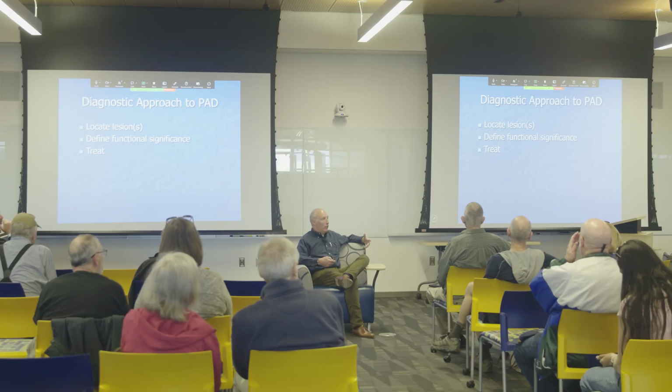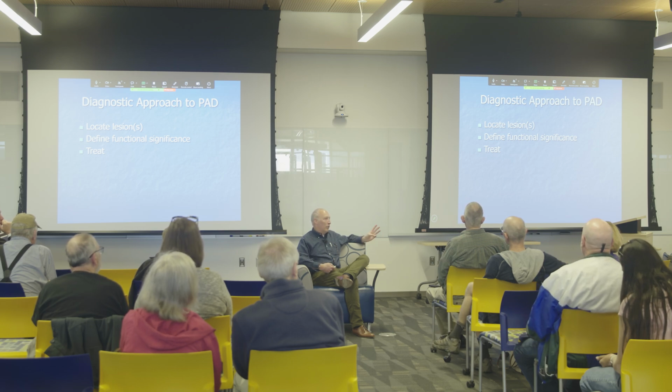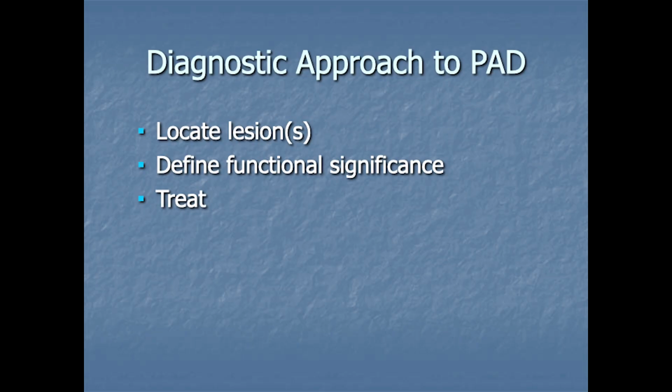So how do we deal with this, or how do we go about approaching and working it up? There are basically three things we focus on. A, where are the blockages? B, are they significant? So think about that statement, okay? Most people with actual PAD don't have symptoms, okay?